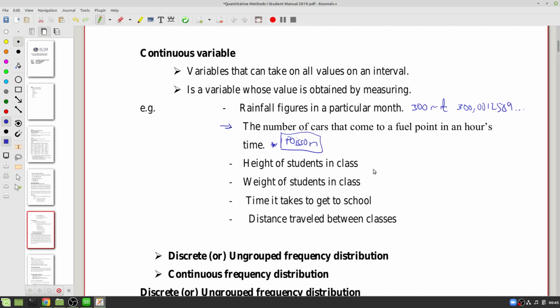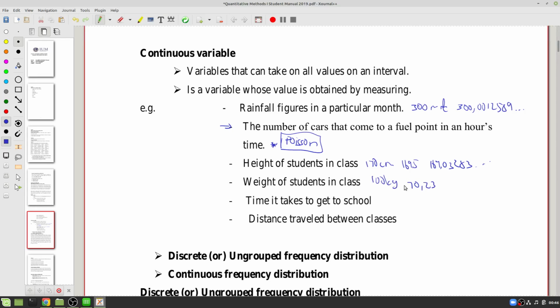The height of students, again, you could be 170 centimeters, you could be 169.5, you could be 169.03283, etc. So there's an infinite number of values you can take, not just a finite exact few. Weight, same thing, it's also something you measure, like 100 kilograms, or 70.23 kilograms.